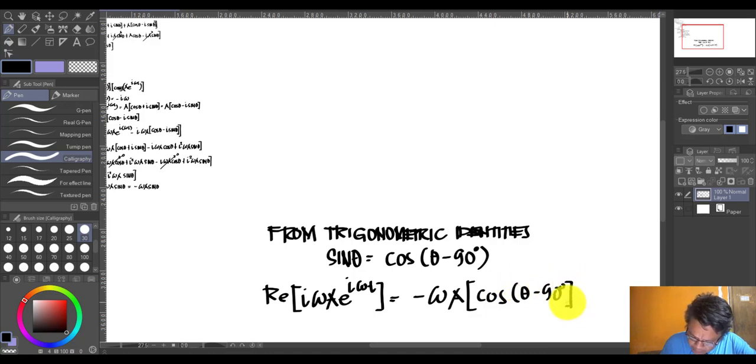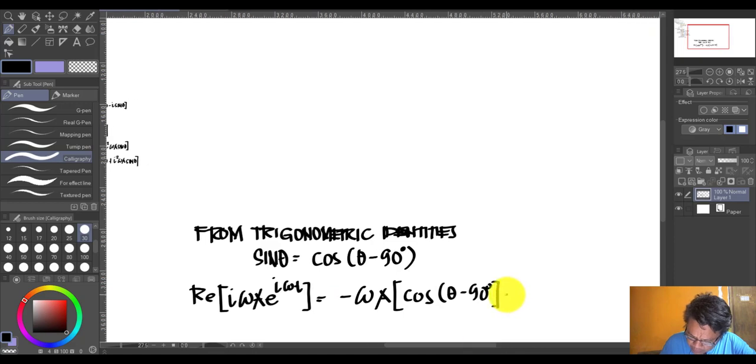Okay, and I can distribute the sign values here, so I can rewrite my angular velocity, so that will be cosine of theta plus 90 degrees.